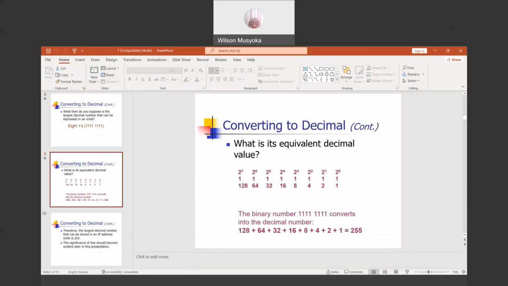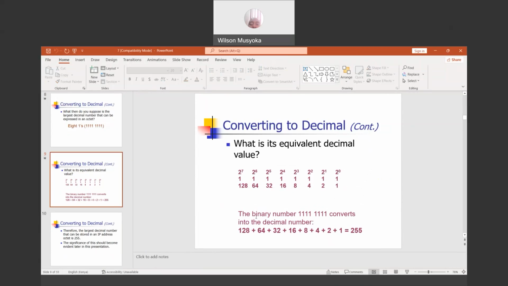We are going to have these ones starting from position 0, 1, 2, 3, 4, 5, 6, 7, and they are represented: 2 raised to power 0 is going to be 1, 2 raised to 1 is 2, 2 raised to 2 is 4, 8, 16, 32, 64, and to the power of 7, that is 128.